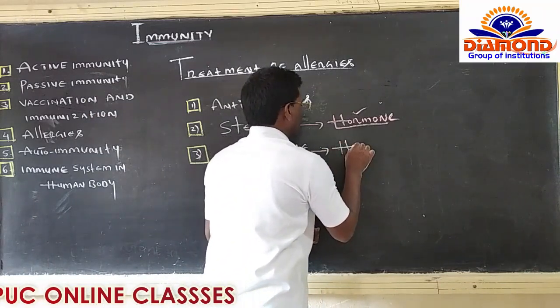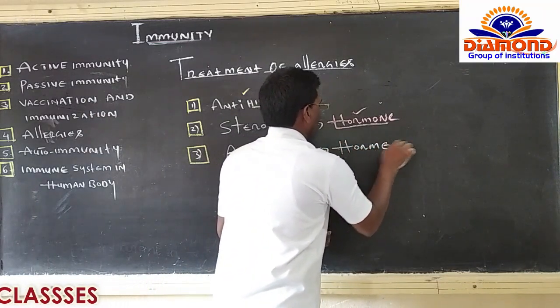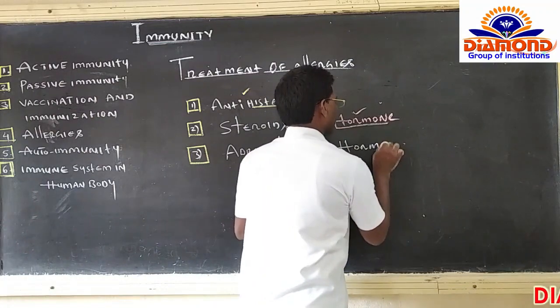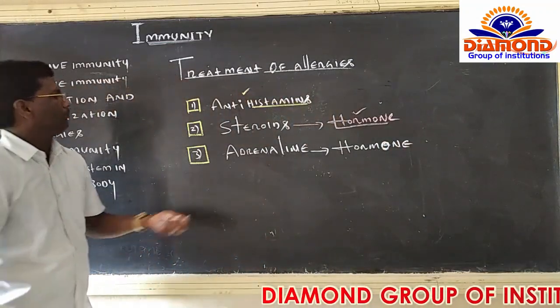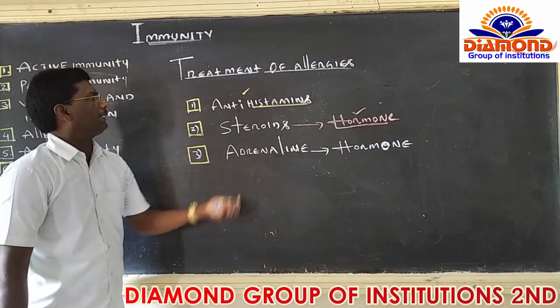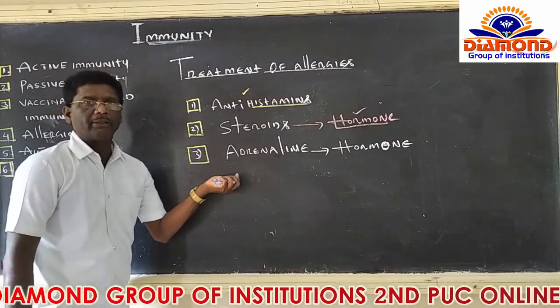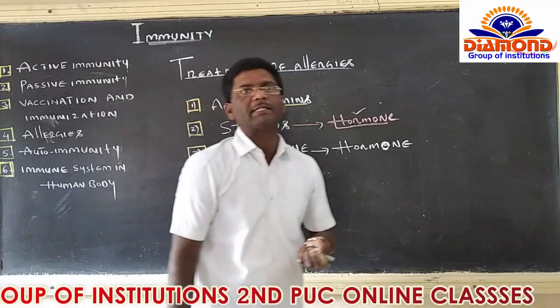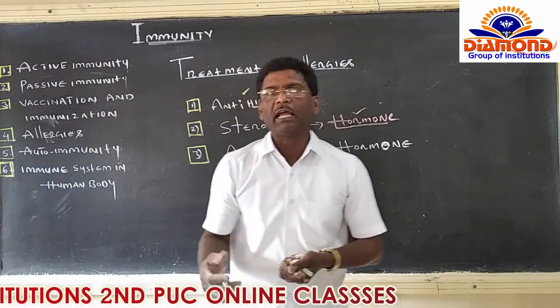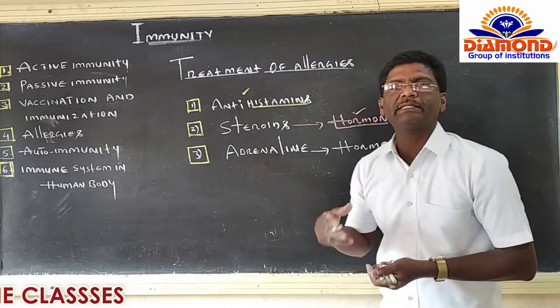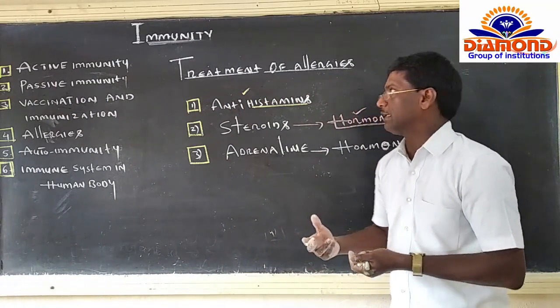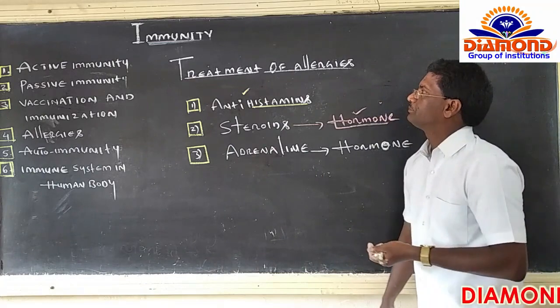This is also one kind of powerful hormone, produced from the adrenal gland only. If you apply these three different types of chemical substances to people affected by allergies, we can easily suppress and reduce the allergic reaction in their body.